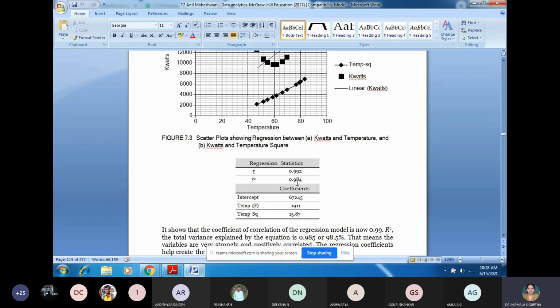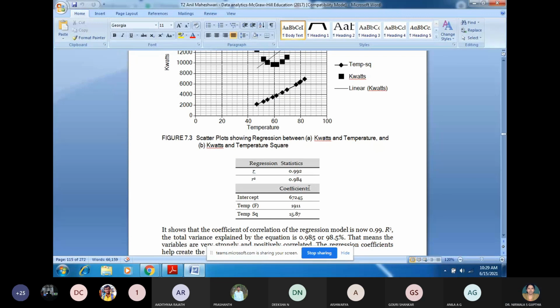So approximately I can make it as 98.5%. This means that the three variables are very strongly and positively correlated. Now the temperature square is added as a new variable.